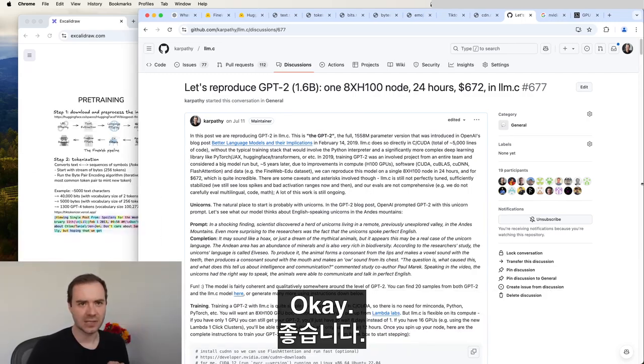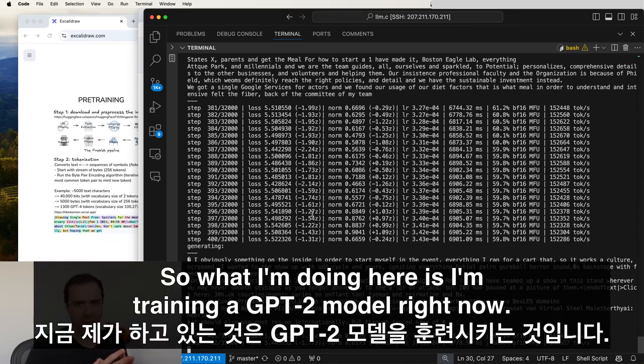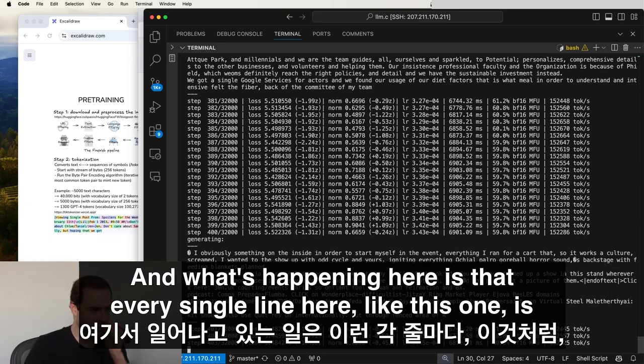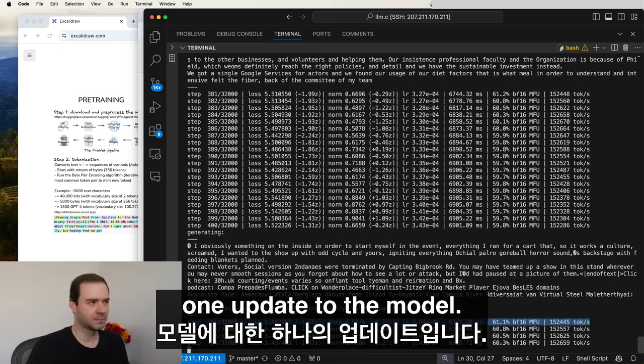Okay, so this is what it looks like. Let me slide this over. So what I'm doing here is I am training a GPT-2 model right now. And what's happening here is that every single line here, like this one, is one update to the model.